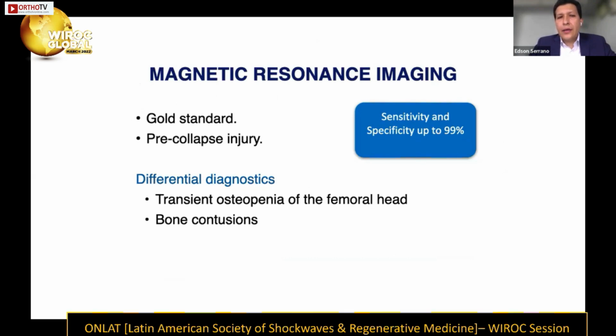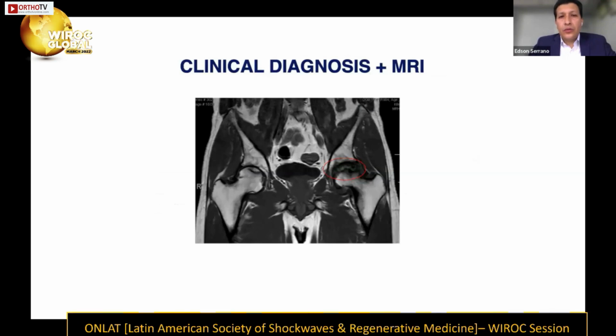MRI is the gold standard image for diagnosis, and sensitivity and specificity are 99%, especially in pre-collapse injury. We can see typical images in MRI. We should always examine the other hip, because approximately 50 to 70% could be bilateral.